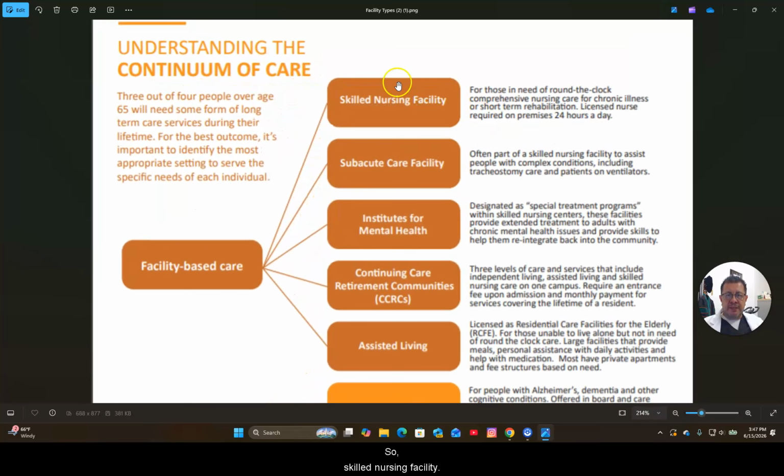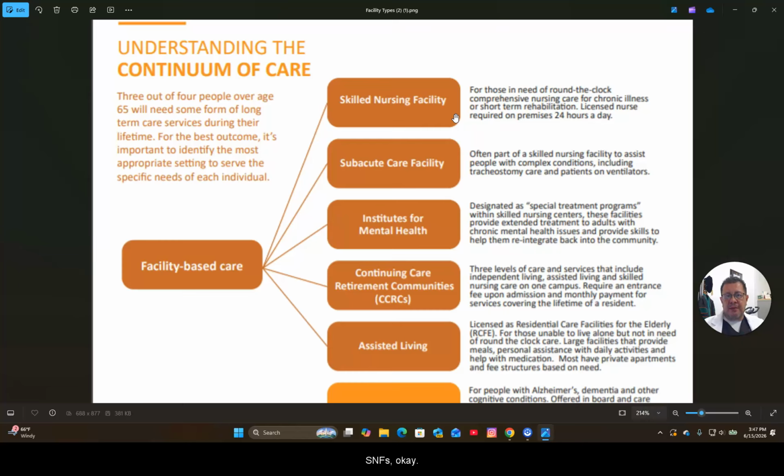Skilled nursing facility is probably by far the most common facility that we are familiar with, right, as RDHAPs. Skilled nursing facilities, they are amazing places. They are wonderful places for patients and residents to be. Some of the names that we use for skilled nursing facilities are SNFs.